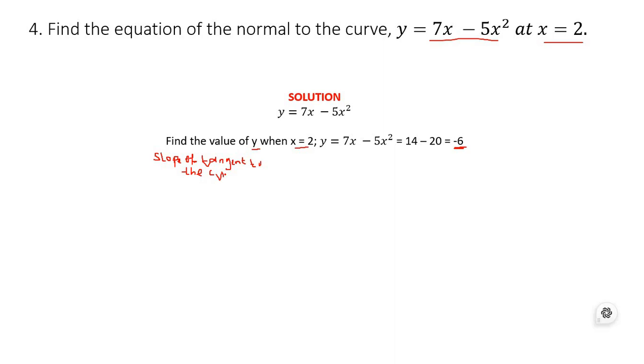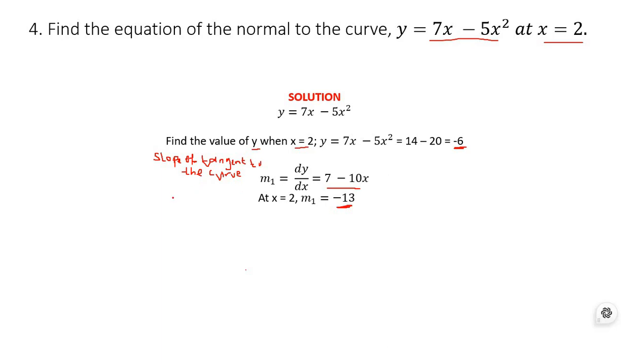How do we do that? By taking the derivative of the function. What is the derivative of y? dy/dx is 7 minus 10x. So we find the value at x equals 2, and that is minus 13.